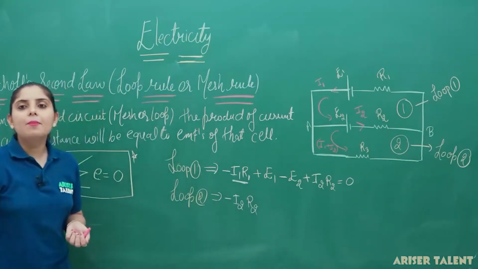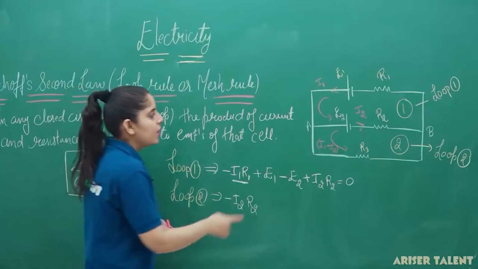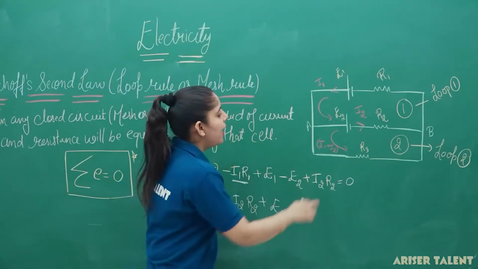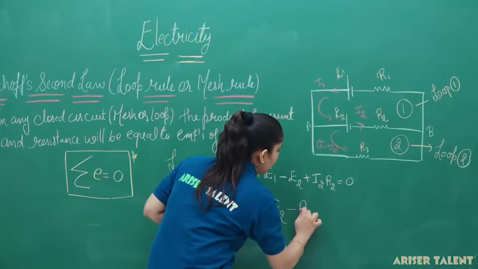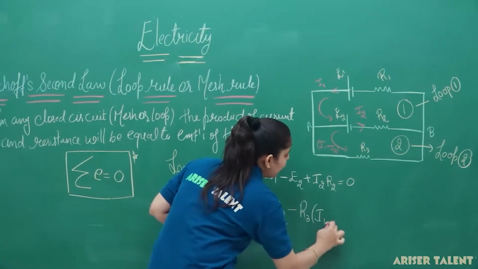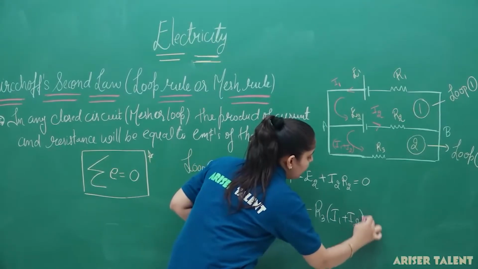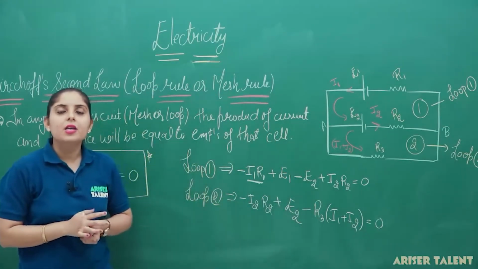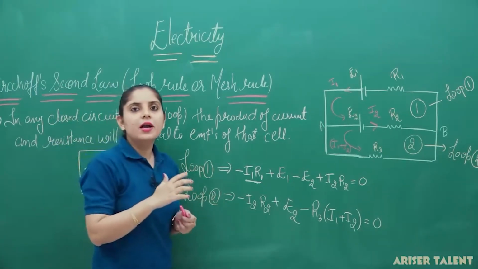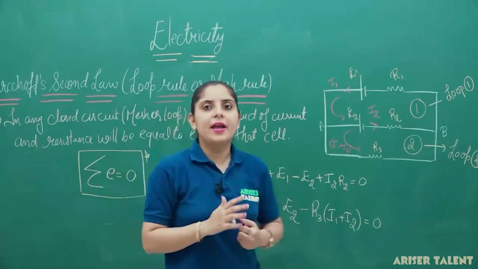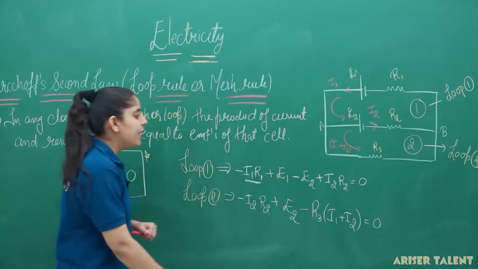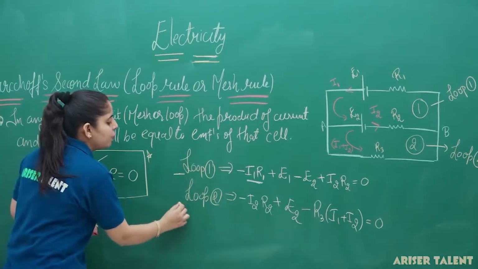Because again I am going in the direction of the current. Now, it will become E2 and this will be R3 multiplied by I1 plus I2. Why I1 plus I2? Because we are going in the direction of the current. So, if we are going in the direction of the current, we will have to take the negative sign for the product of I and R. So, these are the two equations we are getting here for loop 1 and loop 2.